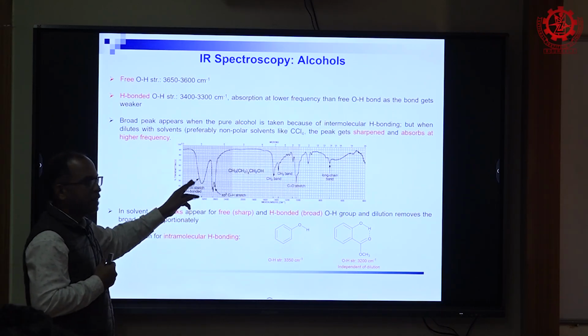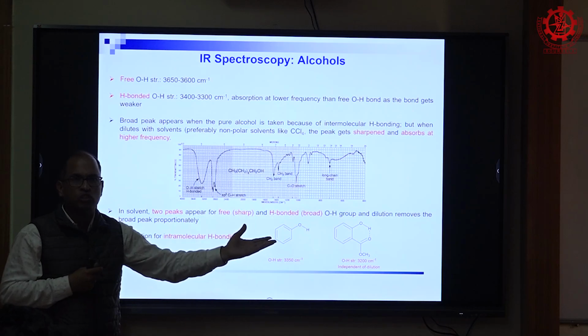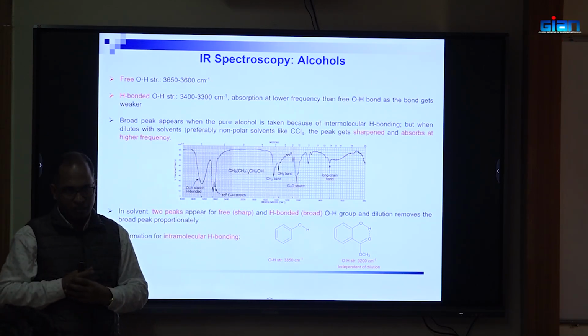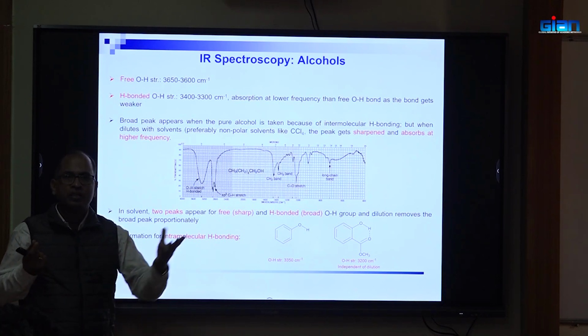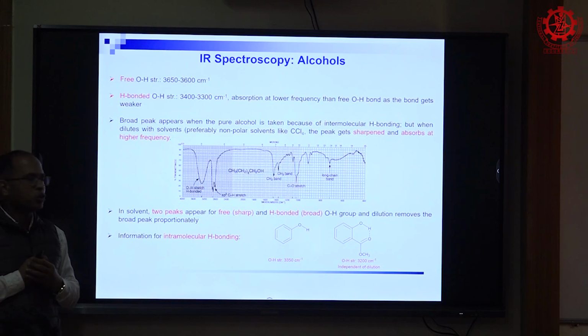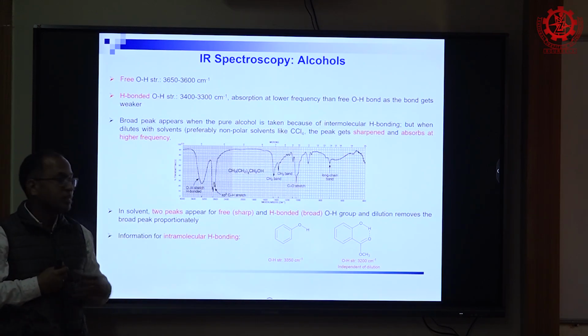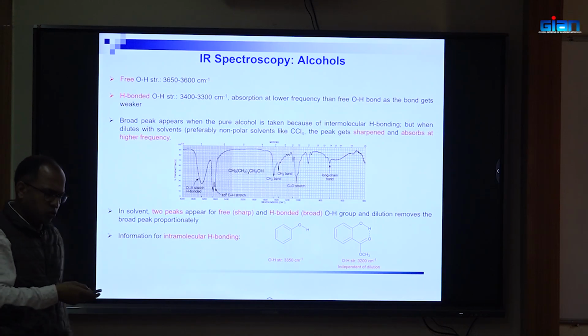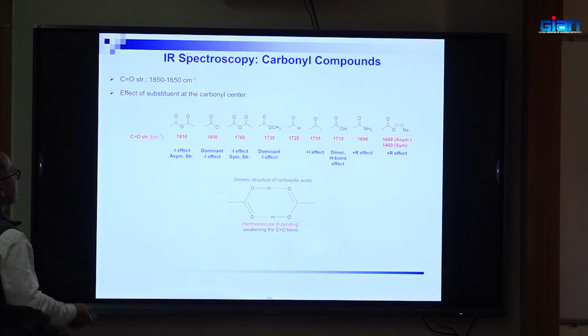Okay. So you dilute it, you make a concentrated solution, you see the intensity of this peak will be different. So, if the intensity is different, then you study how much hydrogen bonding there is, because if you take a dilute solution, the hydrogen bonding will be less and the peak will be sharper. Okay. So, there are in fact so many things here.